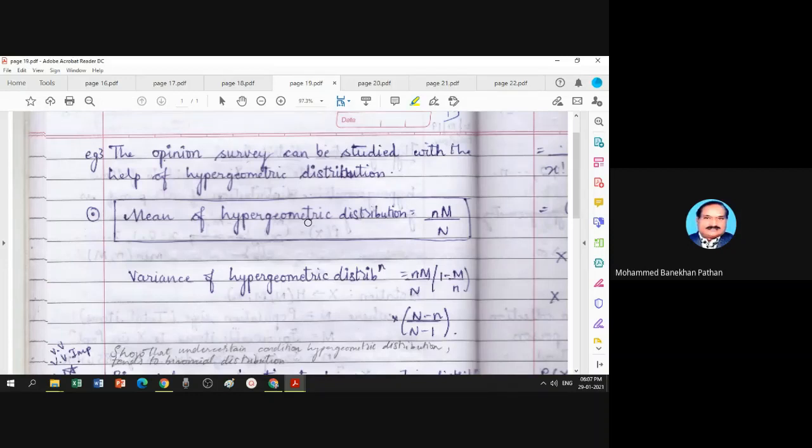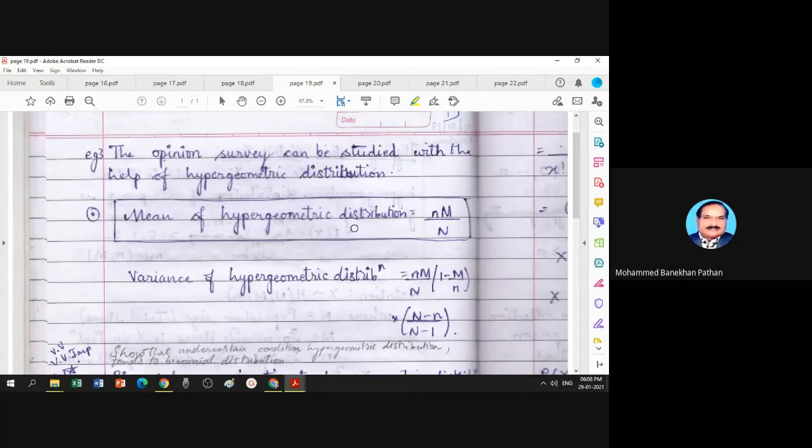In all these four distributions, we made the derivations of mean and variance. But in the case of hypergeometric, we are not going to derive the mean and variance. We can do it, but as it is not a part of the syllabus, we can check the syllabus again. If it is there, we can derive it, otherwise we will remember only the results.